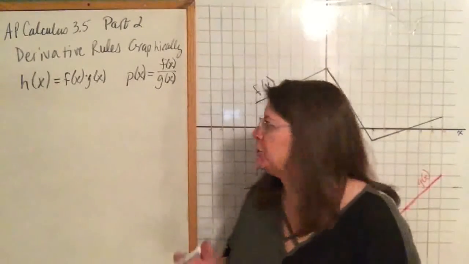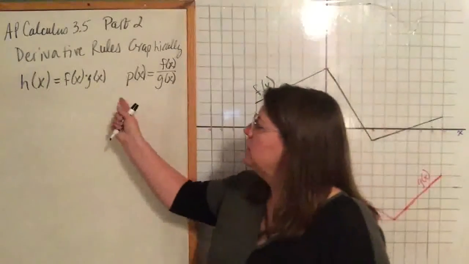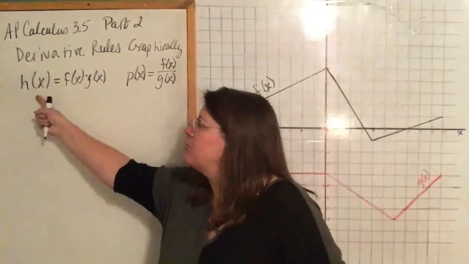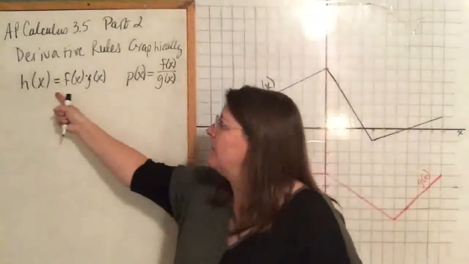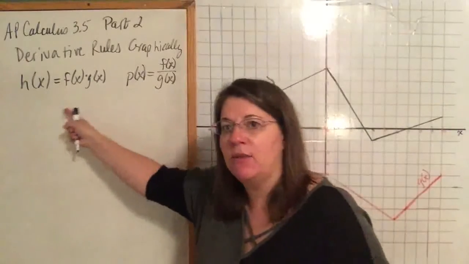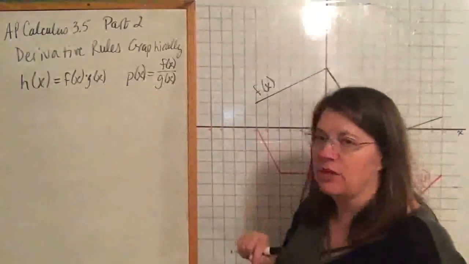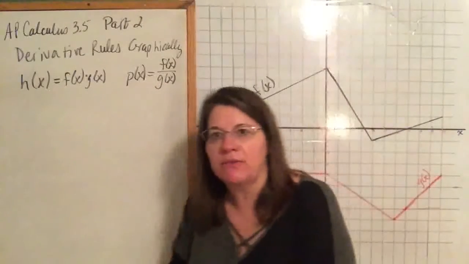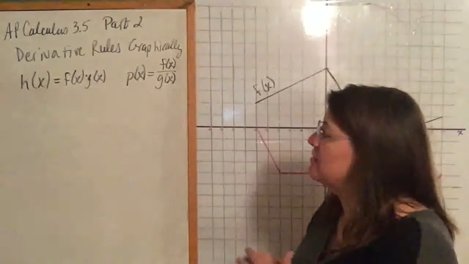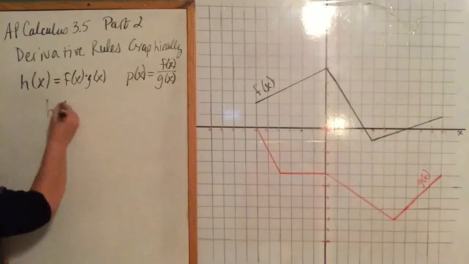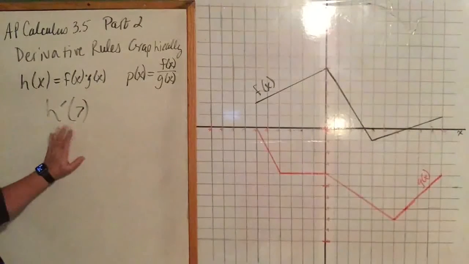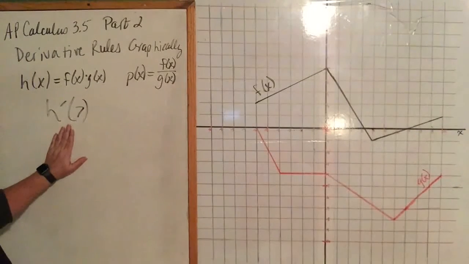So here's what they're going to do. They're going to tell you that h of x is f of x times g of x, and that p of x is f of x over g of x. They're going to give us something about the function, and then ask us to find h prime of 7.